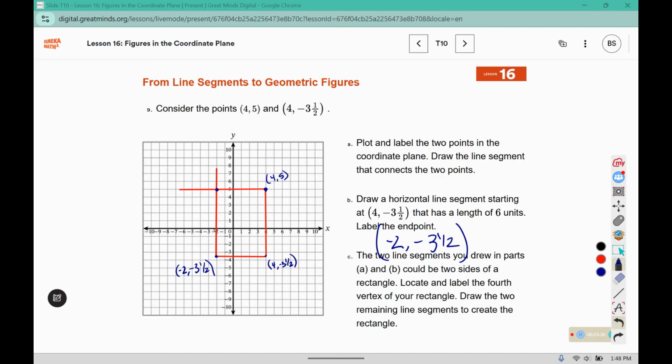So that was 2 to the left, and then 1, 2, 3, 4, 5 up. And we can adjust these line segments so they're not continuing past the vertex, but just right up to it.